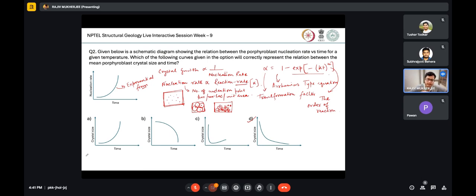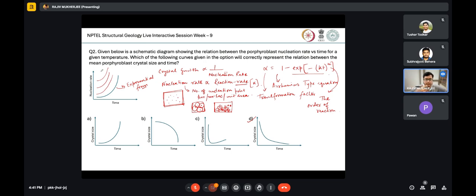Say, for example, the nucleation rate increases with temperature, right? So if this is the nucleation rate versus time for a given temperature, if I increase the temperature, the curves will merely shift along the y-axis like this. So the nucleation rate increases proportionally to the temperature.